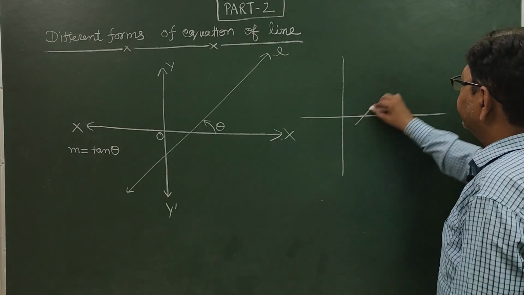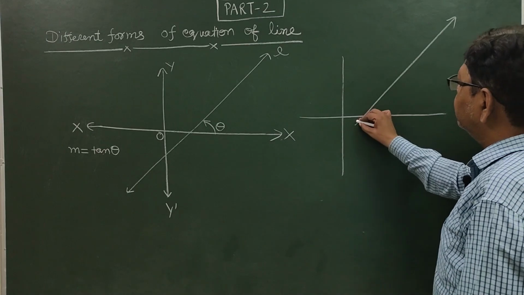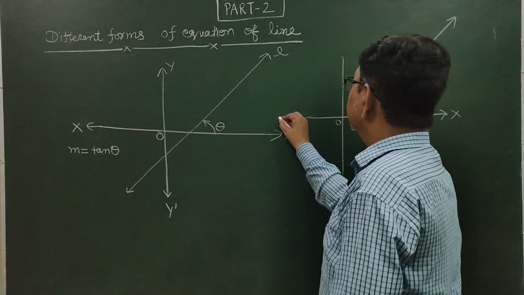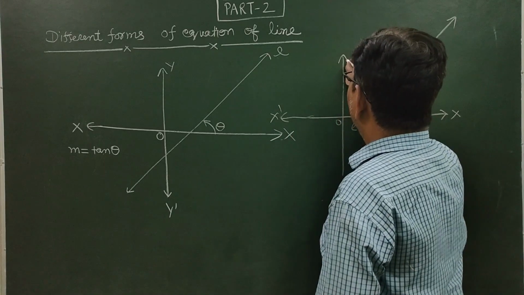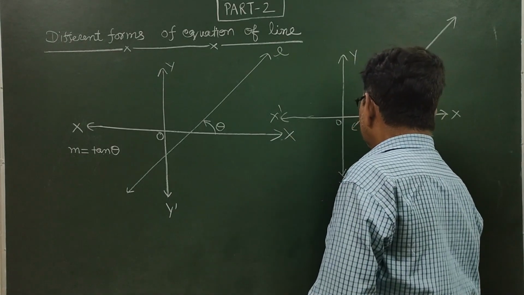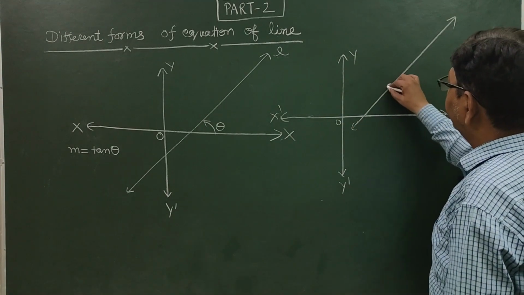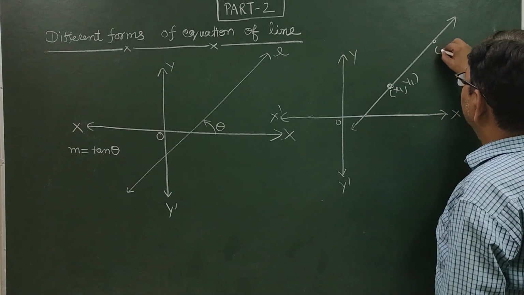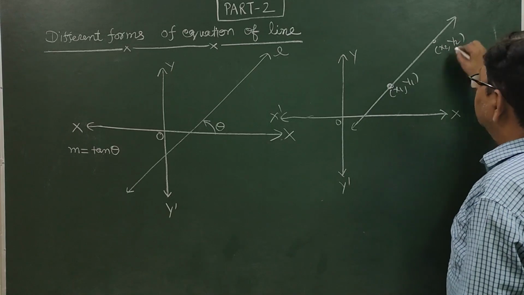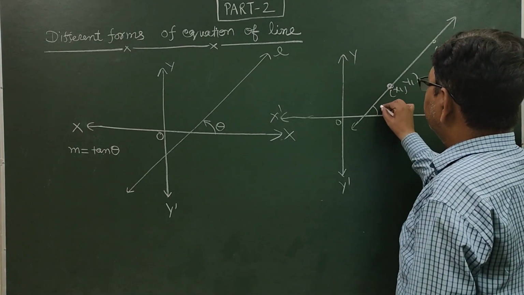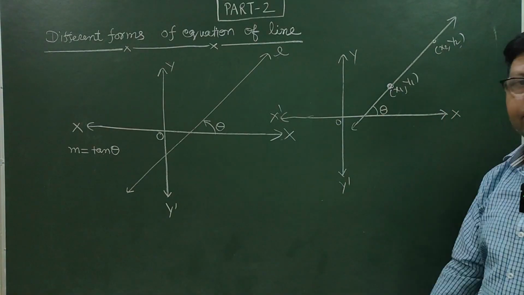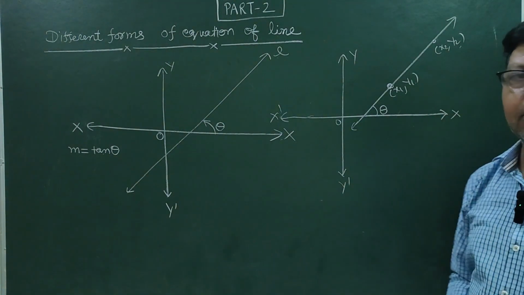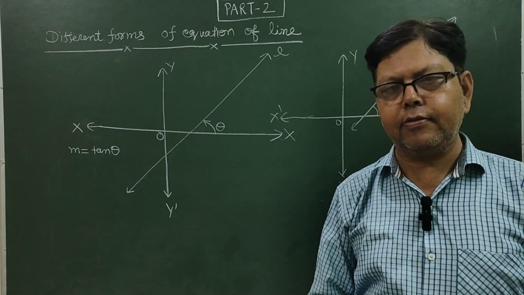If a line passes through 2 points having the coordinates x1 comma y1 and x2 comma y2, and it makes angle theta with the x-axis, then its slope can be calculated using these coordinates.